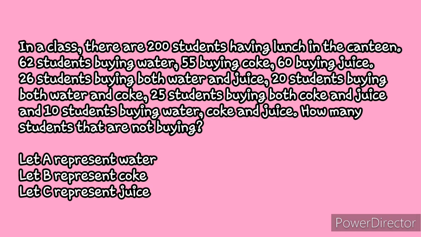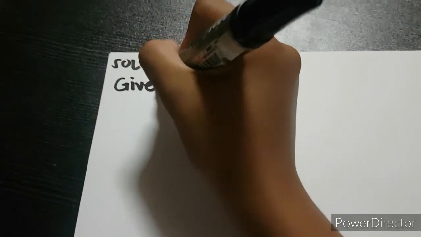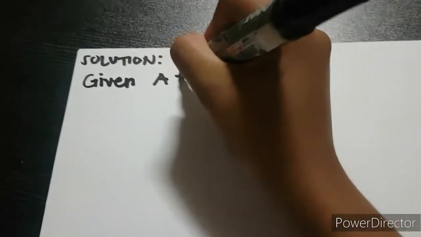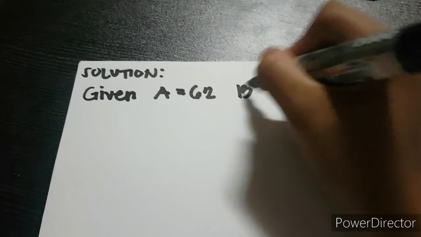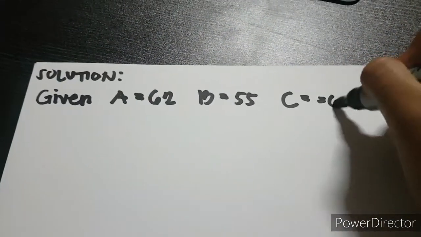So let A represent water, let B represent Coke, and let C represent juice. Let's try to solve the problem. So first let us put the given. A, which is the water, is equal to 62. B, which is the Coke, is 55. C, which is the juice, is 60.